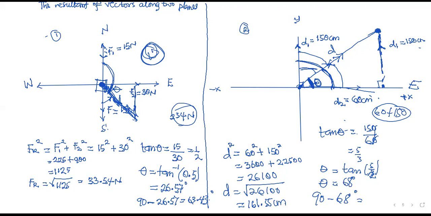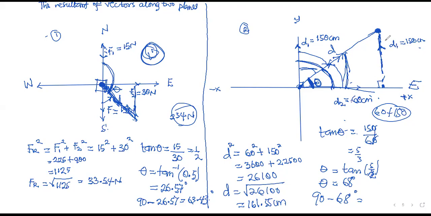Okay, I'm just reading the messages. Emelda, you see the purpose of the tan: I'm using tan because this is the angle the resultant makes with the x-axis or east. For this angle, I have the opposite D1 and the adjacent D2.